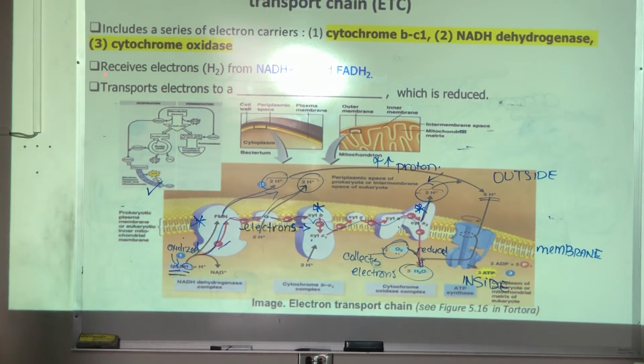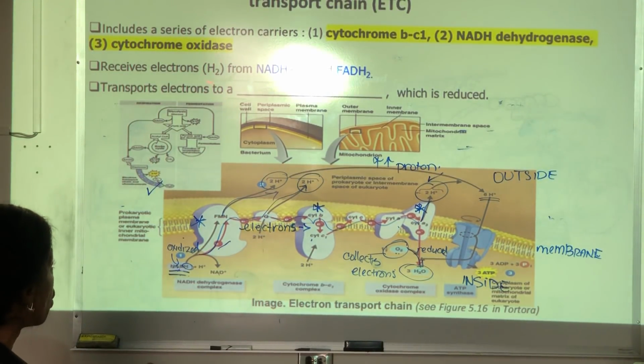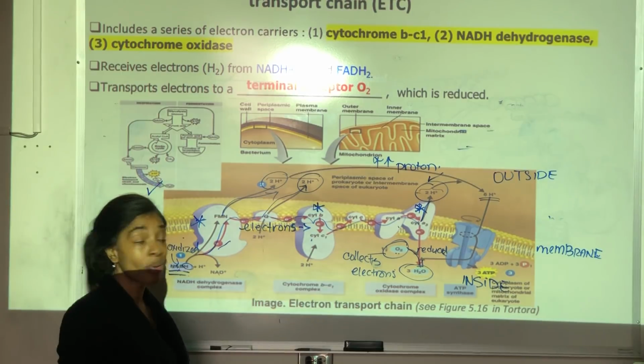So if we read here, the electron transport chain, this is what we're talking about, it receives the electrons. Remember the representation for the electrons, you may see hydrogen, and it will transport them to a terminal acceptor, which is reduced for aerobic respiration.